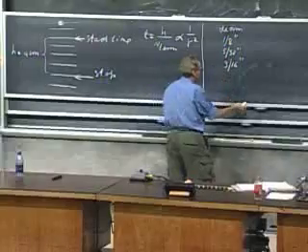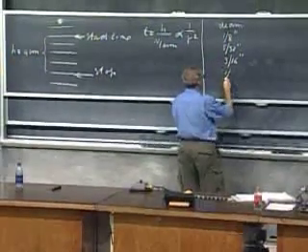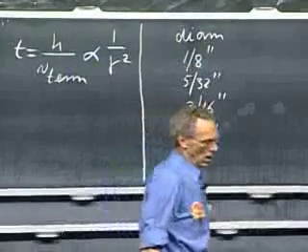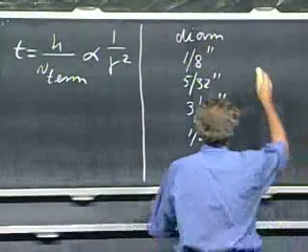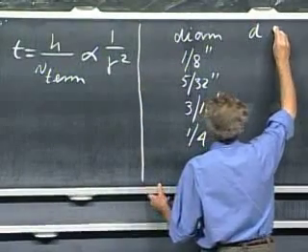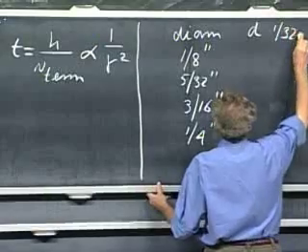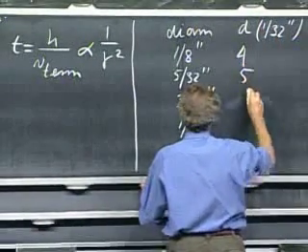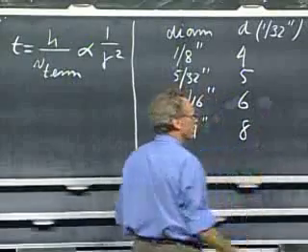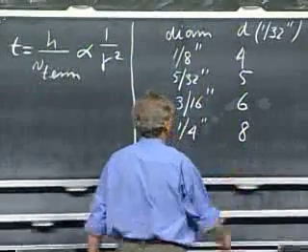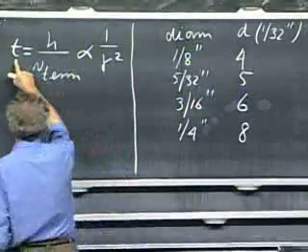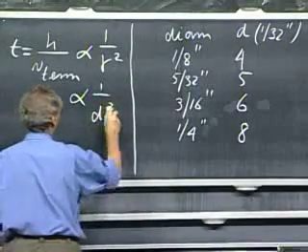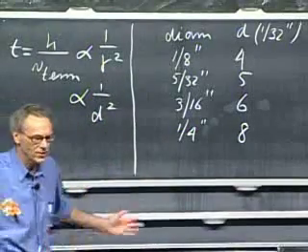All these things come in inches, that's one of those things, and I have 1/4 inch diameter. If I give you the diameter in terms of 1/32 of an inch, then this is 4, 5, 6, and 8. Easy numbers. Clearly, if the time that it takes is proportional to 1 over r squared, it will also be proportional to 1 over d squared. Of course, that's the same.